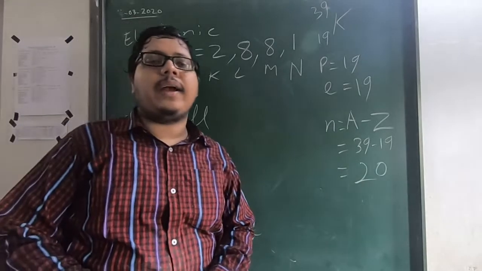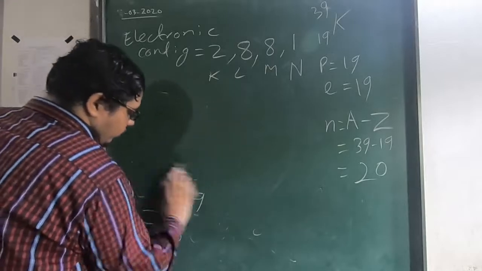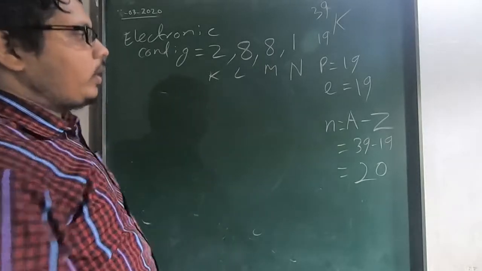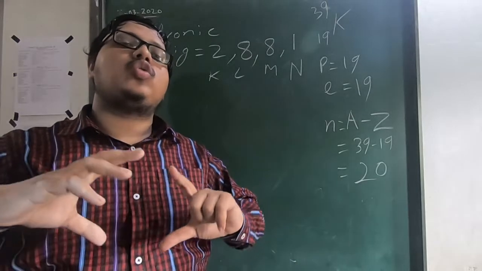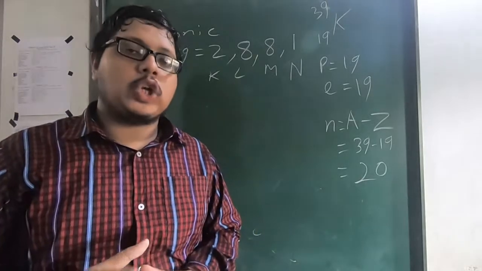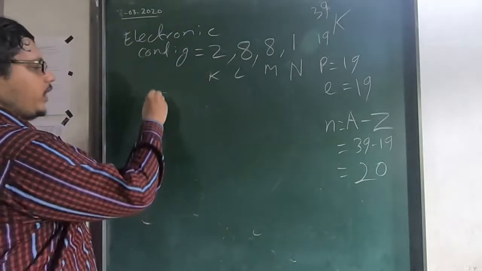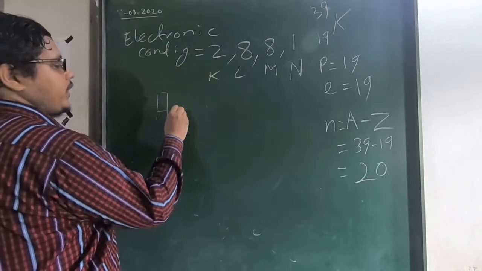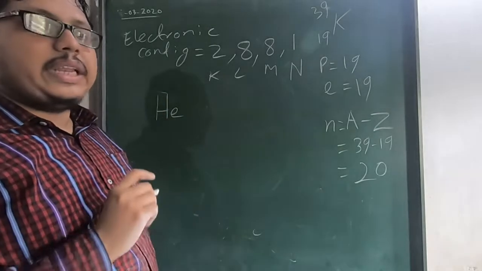You must understand that. And one more thing that I should tell you here is, if a shell is filled to the maximum, for example, let me take the example of helium.